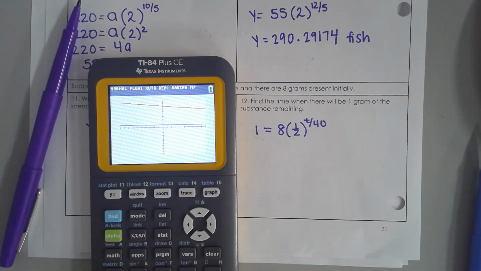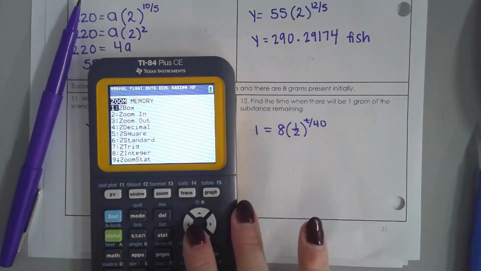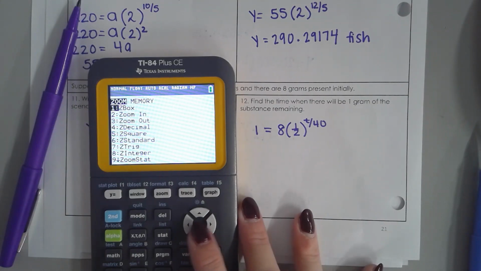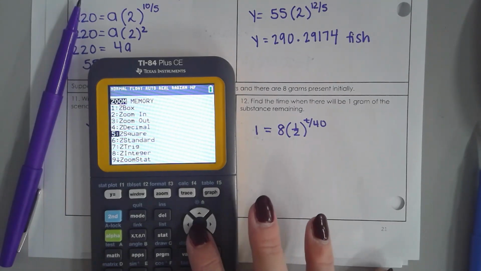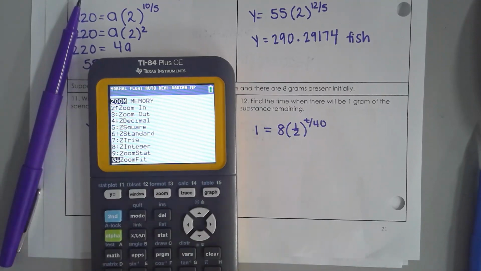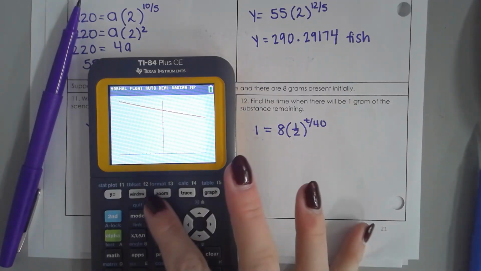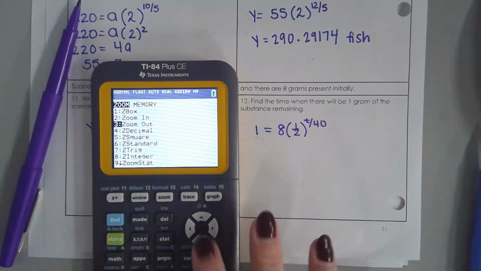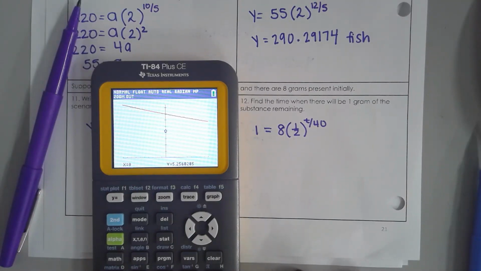So you have a few options in your calculator. Zoom 6 was zoom standard, the negative 10 to 10. Zoom fit, ideally, would change the window to fit our functions, but it's not always perfect. See, it does not do what I want it to do. So we could zoom out. You have to hit enter to zoom out.